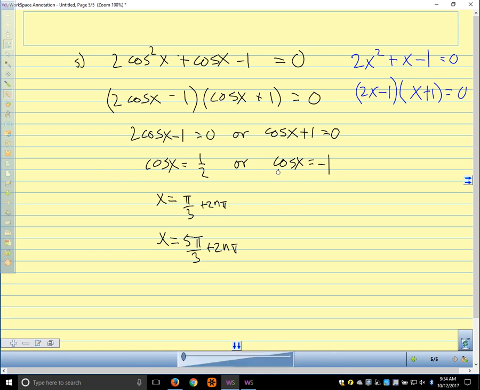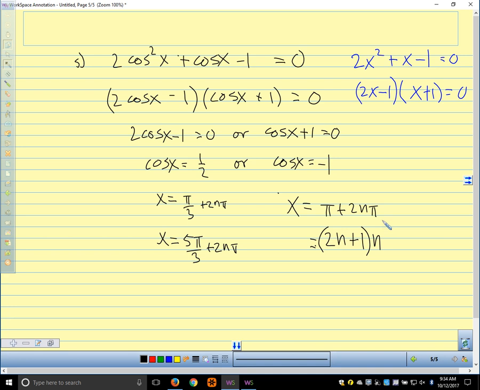And here we want to know where on the unit circle what angle gives us a cosine of -1? Pi. And all the coterminal angles. And your book will write this one as 2n plus 1 pi. So they'll factor out that pi. This is fine, but you'll see it written like this. If we distributed the pi, we get exactly that.